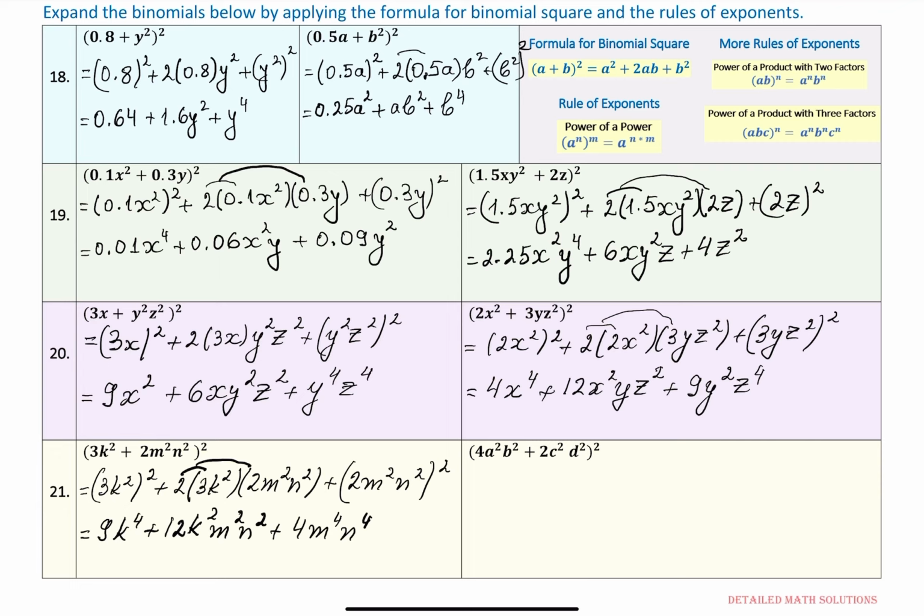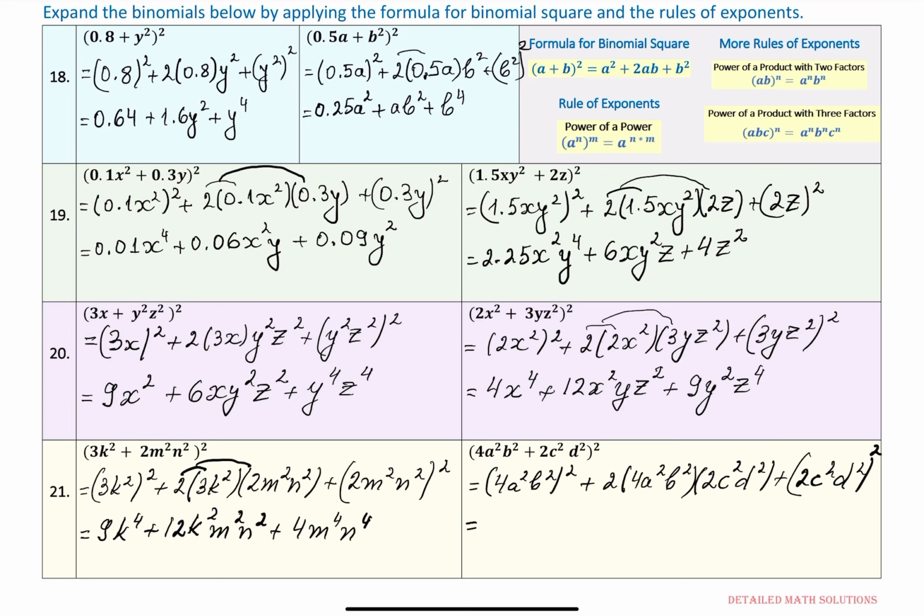Next exercise, (4a²b² + 2c²d²)². This equals (4a²b²)² plus 2 times 4a²b² multiplied by 2c²d² plus (2c²d²)².